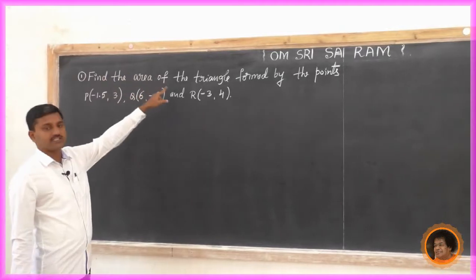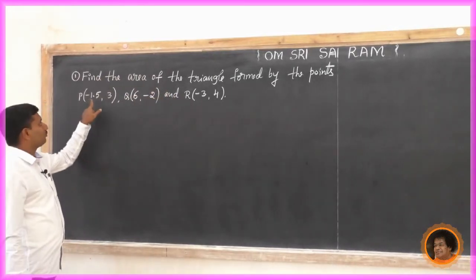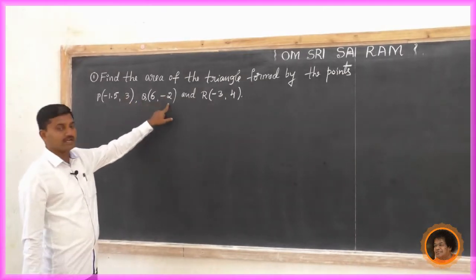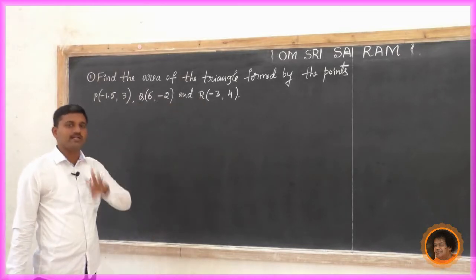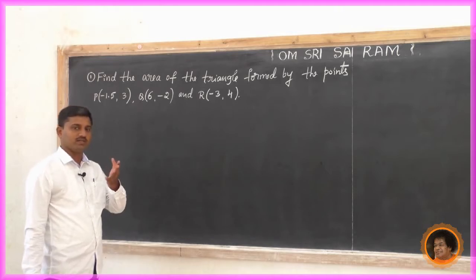Find the area of the triangle formed by the points P minus 1.5, 3 and Q 6, minus 2 and R minus 3, 4. So the three coordinate points are given. So how to find the area of a triangle? You know the formula.